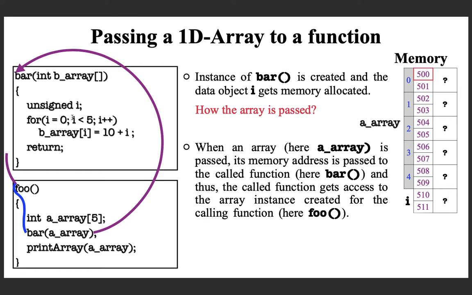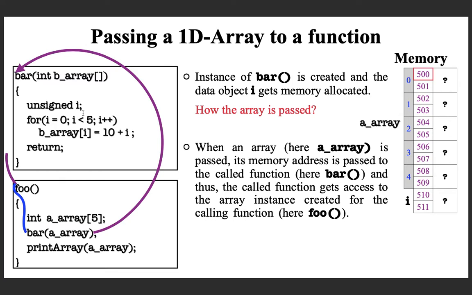So when you are accessing the array, in fact you are accessing exactly the same memory object created on the memory for the calling function. So when you are passing an array, the array is not copied, but the same array instance is shared between the calling function and the called function. It's very important.